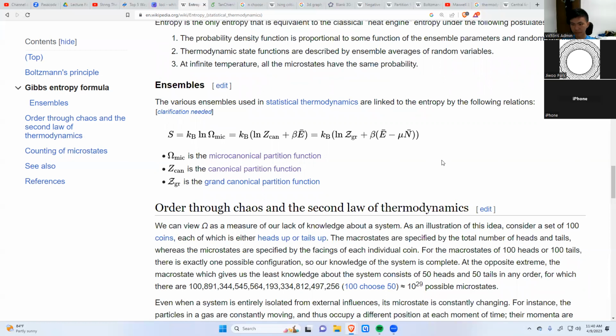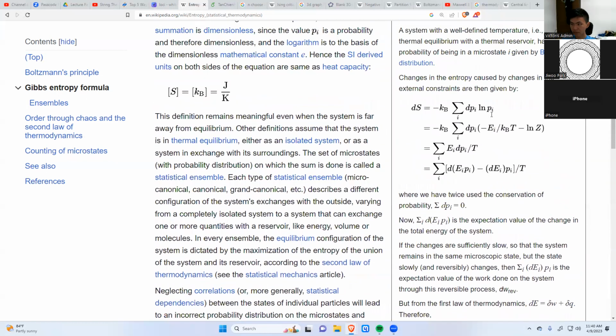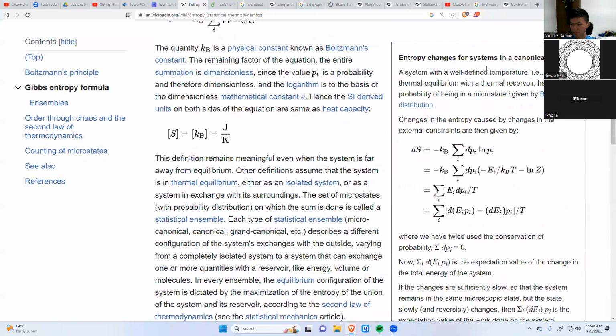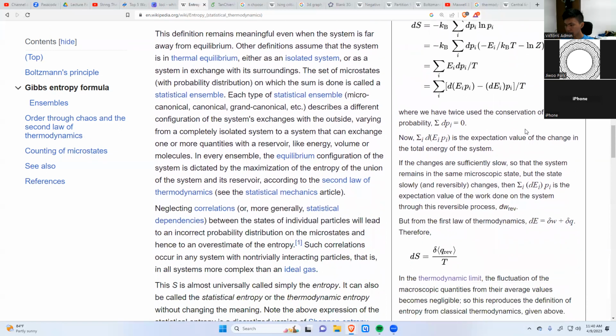It's a good box. If you go up a little bit, yeah, this one. This box is basically more or less equivalent to the proof I was just talking about. I see. So Wikipedia is pretty nice in this case.